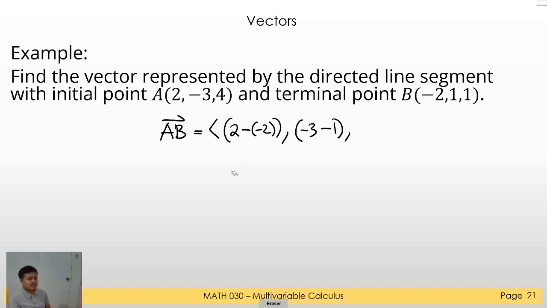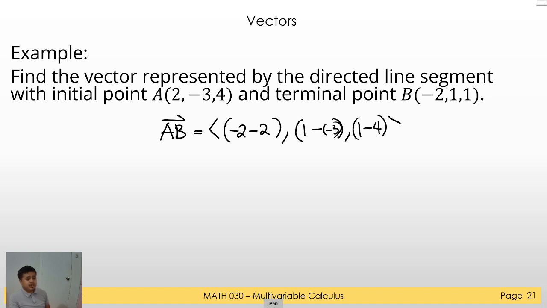Actually, it should be the opposite direction. It should be the terminal point first. I'm sorry, it should be -2 first, before the 2. So this should be 1 minus -3. And then for z, we have 1 minus 4.